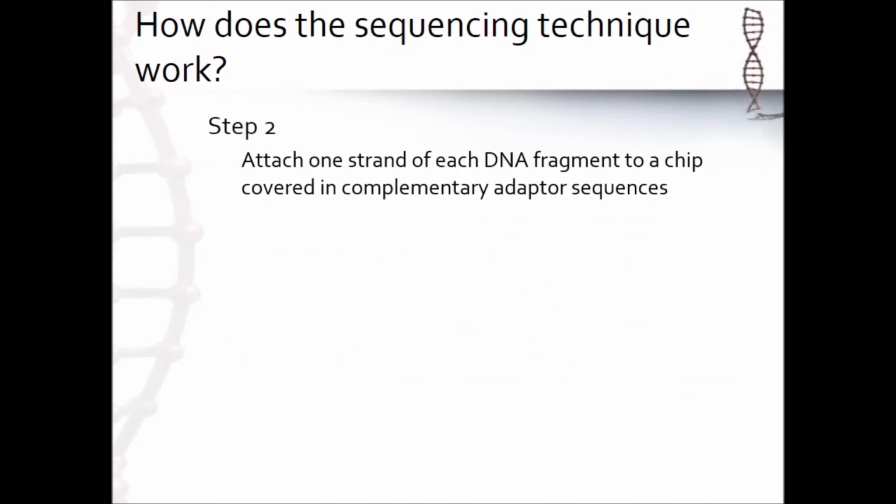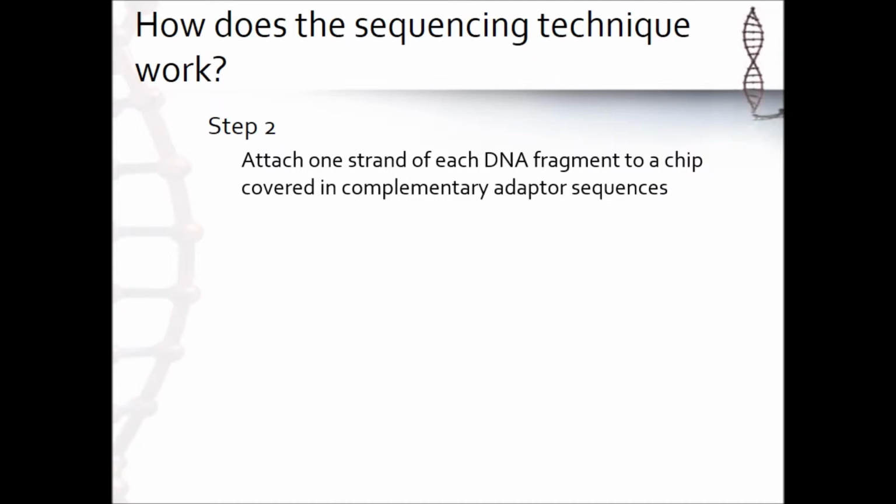Step 2 begins with the attaching of one of the DNA strands from the DNA fragment that you have to a chip or a plate that has the complementary adapter sequences on it.